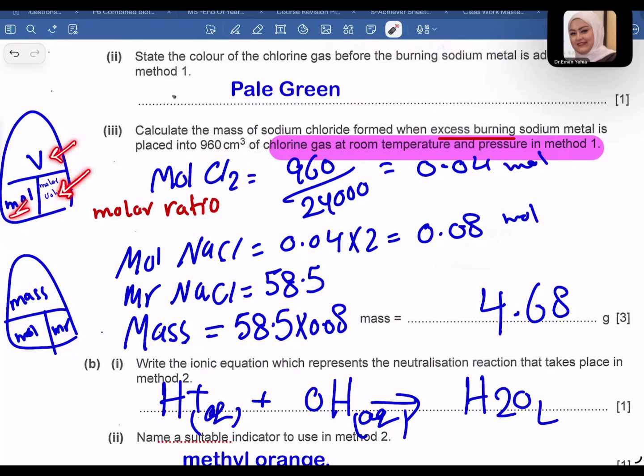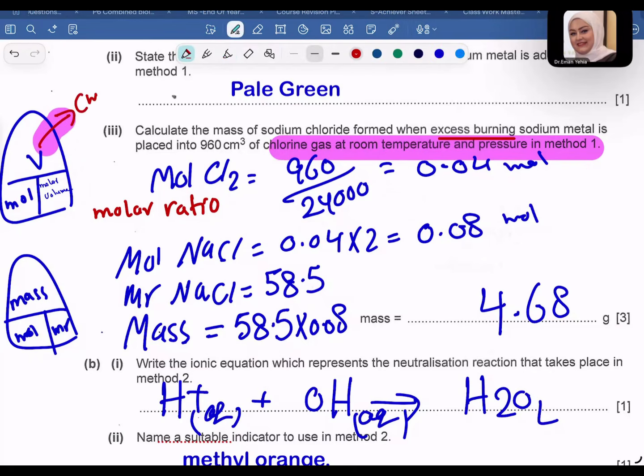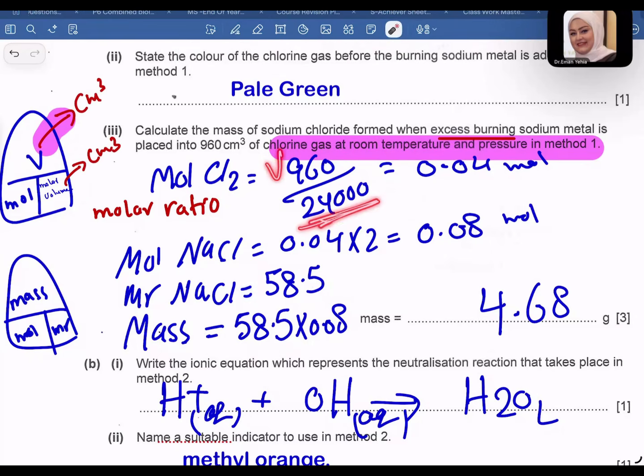By the way, you have to memorize the molar volume of any gas is 24,000 cm3. So the volume is in cm3. You have to use the same unit, cm3. So the molar volume will be in cm3. So volume over molar volume equals 0.04 mole.